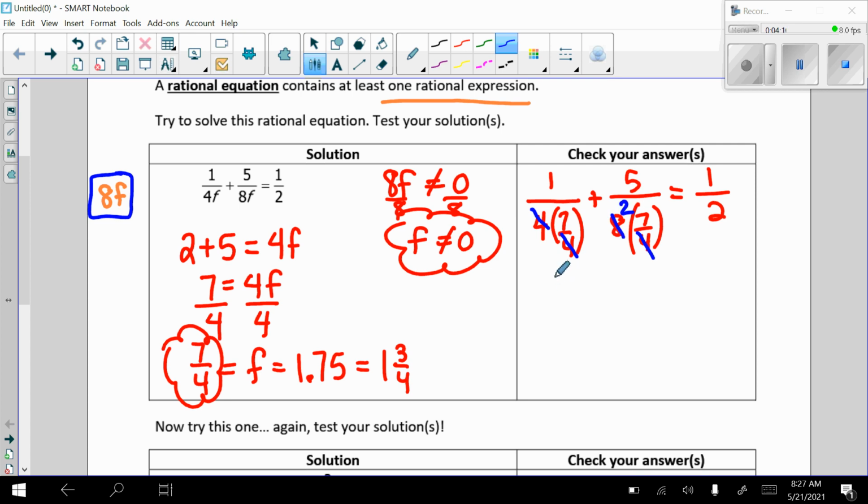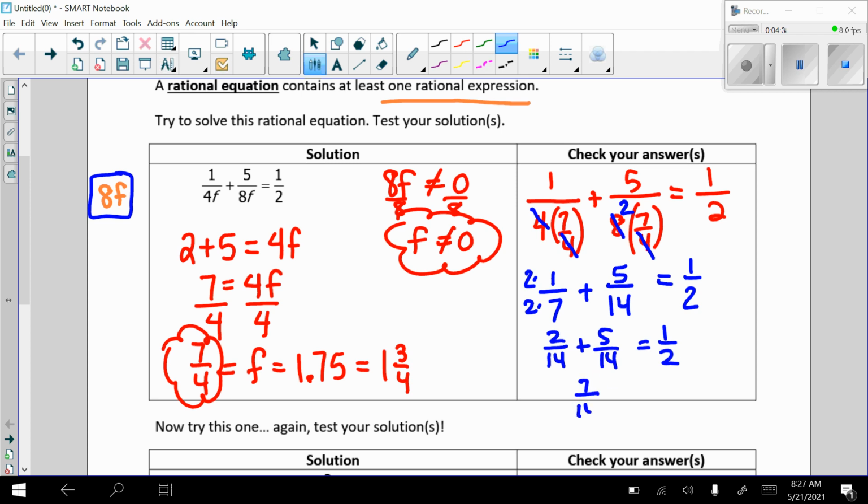So we have 1 over 7 plus 5 over 14 equals 1/2. We're going to get common denominators here, so multiply by 2 over 2, and we get 2 over 14 plus 5 over 14 equals 1/2. And look what we get. 7 over 14 is 1/2, and that would reduce, so perfect, it worked.